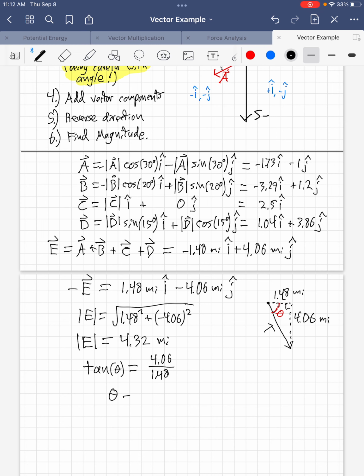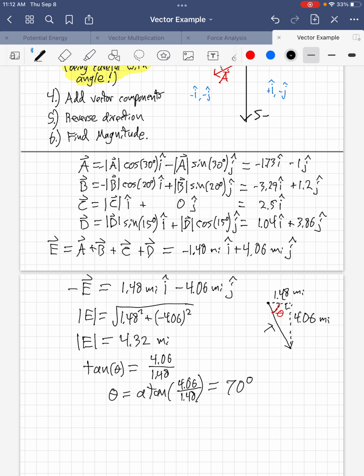So theta is going to be the arctan of 4.06 divided by 1.48, which gives us in degrees 70 degrees.